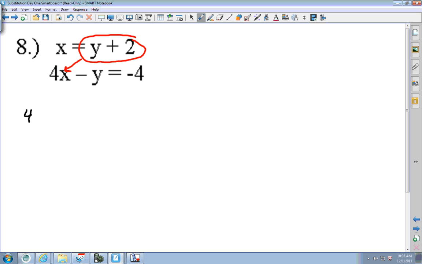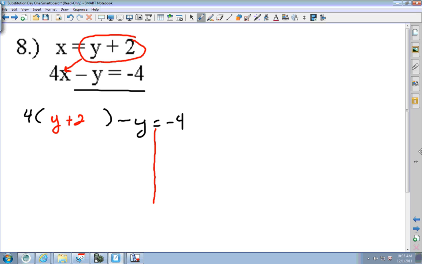So I have 4 times x. Well, instead of x, or 4x, I'm putting in there y plus 2. Don't forget to write the rest of this equation. Minus y equals negative 4.